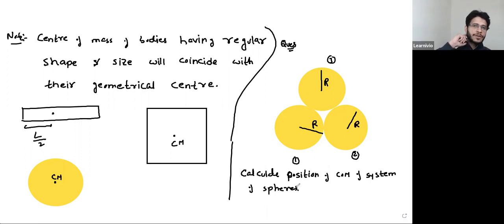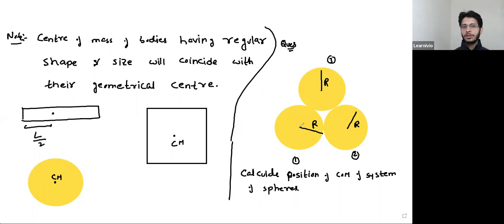So you have this system having three spheres, just placed one over another. You have to calculate center of mass of the system. If you analyze this problem, then you have to calculate center of mass twice. It's basically a second grade problem. See, you don't have point masses, you have spheres.